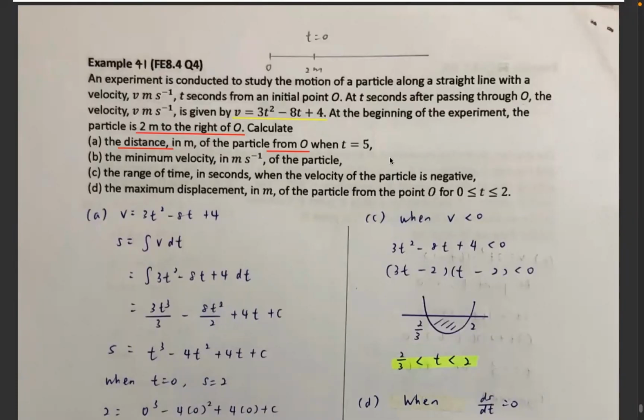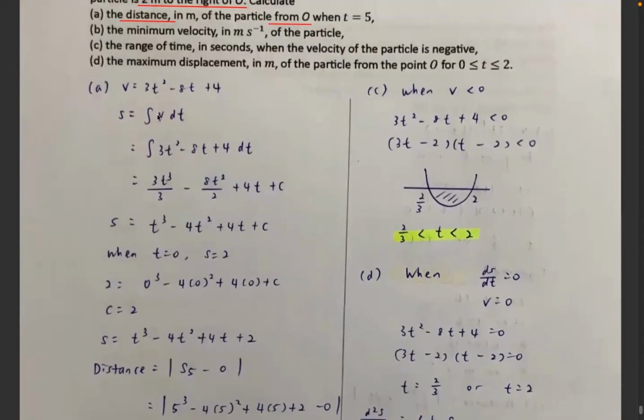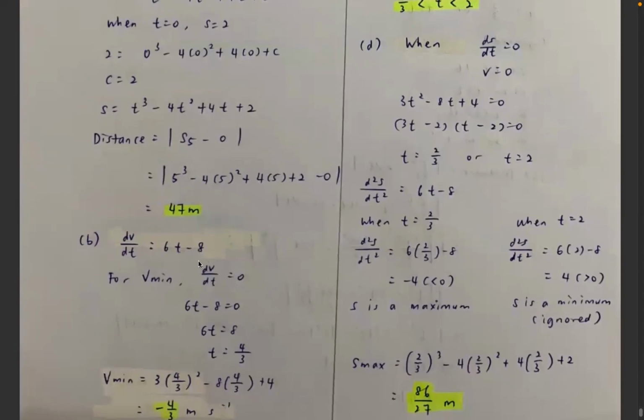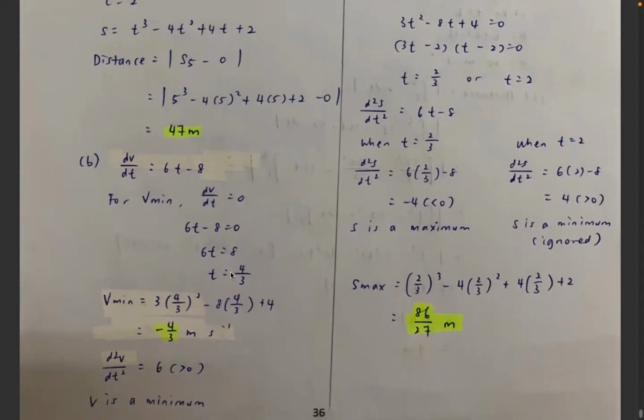B. Calculate the minimum velocity of the particle. For minimum velocity, dv/dt equals 0. So this is the velocity function. Let's do differentiation. So dv/dt, we have 6t minus 8. Then for minimum velocity, dv/dt is 0. So 6t minus 8 equals 0, and we have t equals 4 over 3.